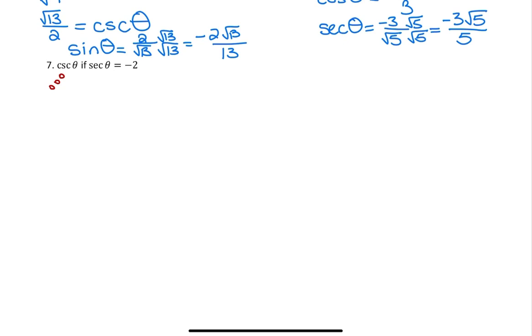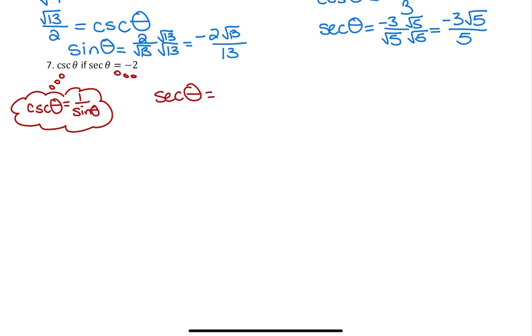We know that cosecant is really 1 over sine. We also know that secant is really 1 over cosine.